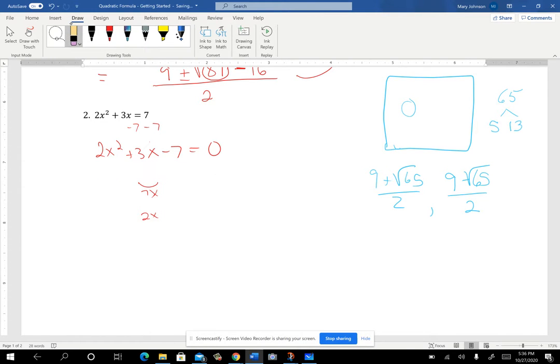So on this one you would have just come right in and identified a to be 2, b to be 3, c is -7. While you're trying to memorize the formula, if you'll just write it down when you do those 6 problems in that homework I assigned, you'll have it memorized, hopefully.